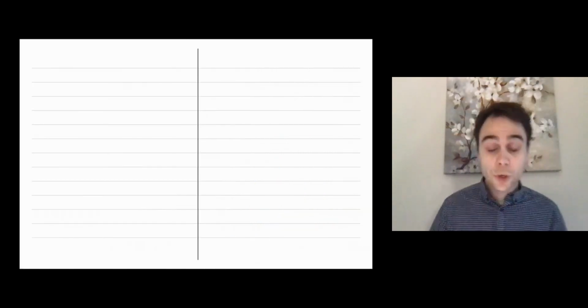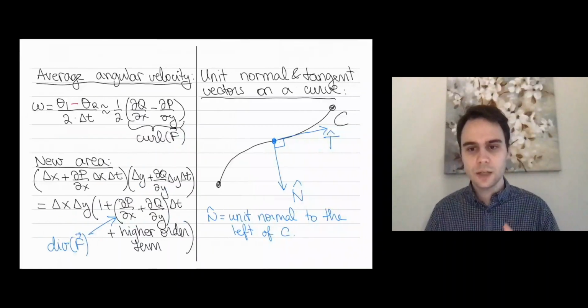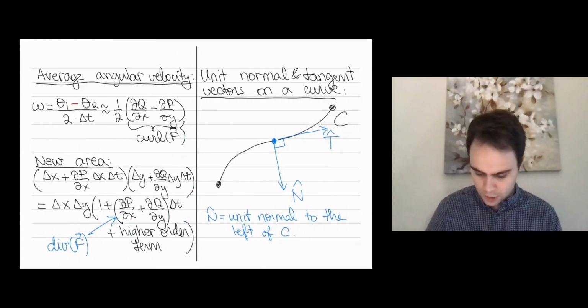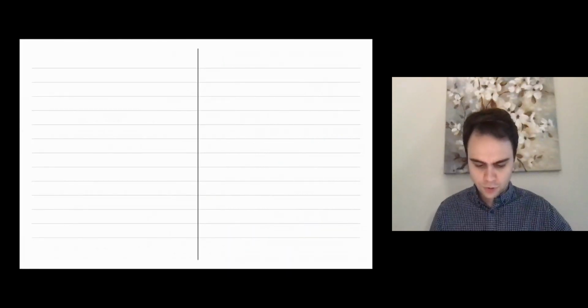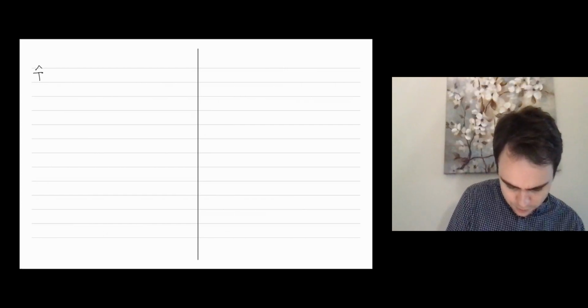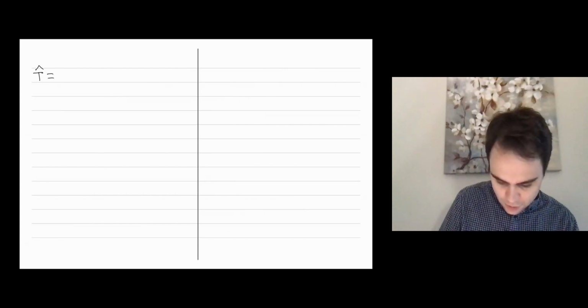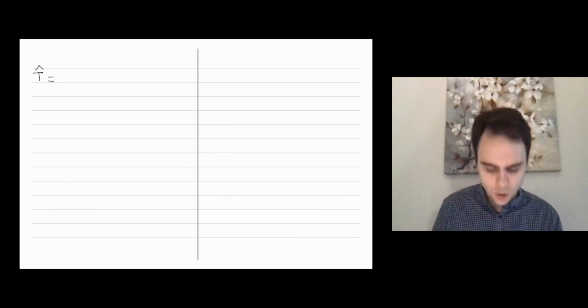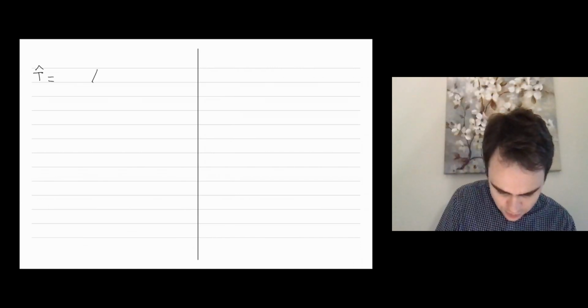Okay, so we're going to be working with these vectors, T and N, and I'd like to show you what they look like in terms of a parameterization, so you're ready to work with them when you see them. So the unit tangent is basically, if we have a parameterization, if we have x and y in terms of t on the curve, then the unit tangent is really easy.